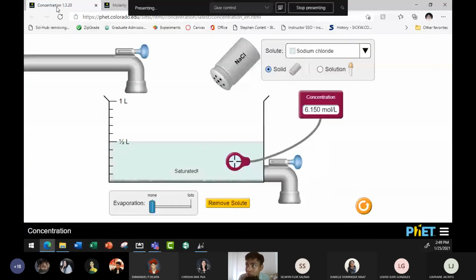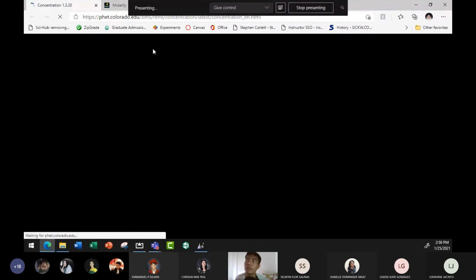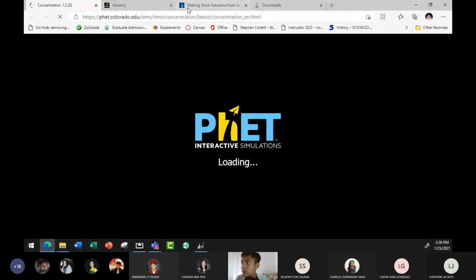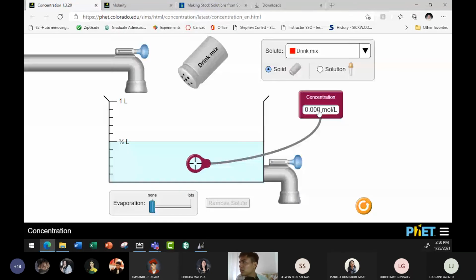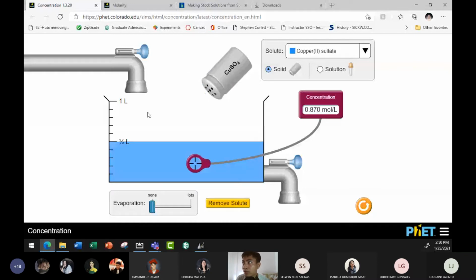Balik tayo sa ating lab. Okay? Ito yung ating pambasa ng concentration. Maglalagay ako ng certain amounts ng solute. Okay? So, I have specific amounts of solute dito. So, ito din yung kanyang concentration. Yan ay 0.870 mole per liter.